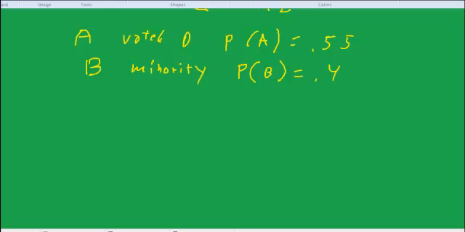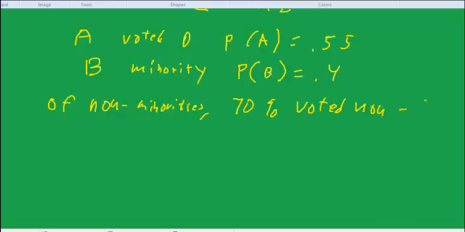And then I'm going to say that of non-minorities, 70% voted non-democratic, didn't vote for the Democrat.